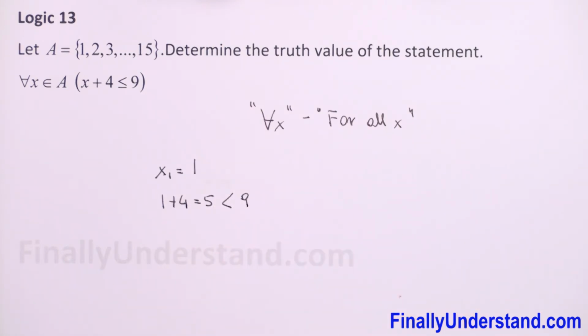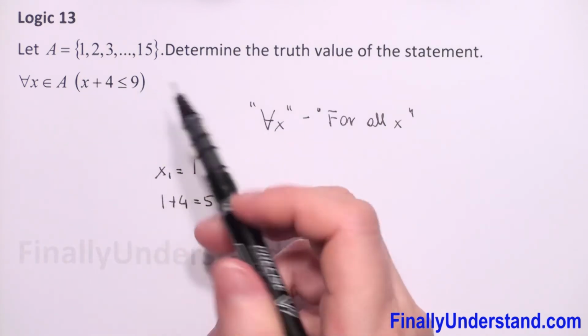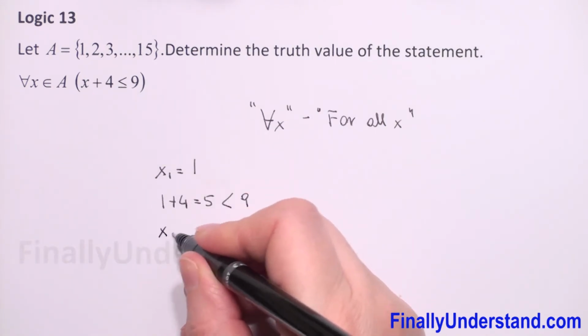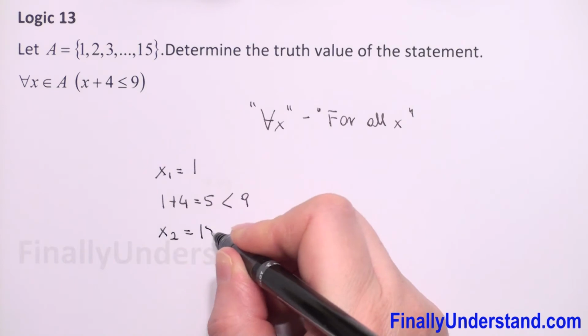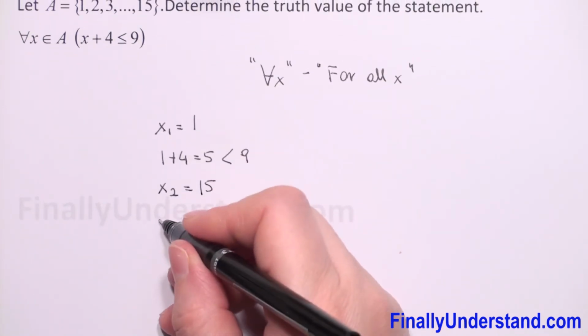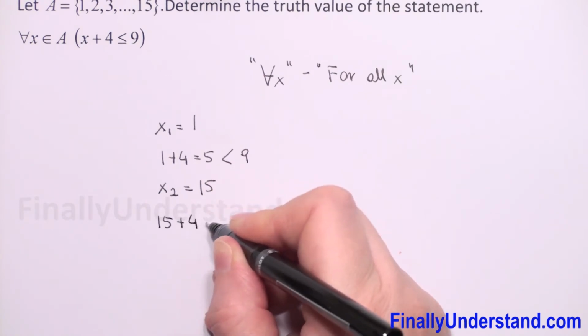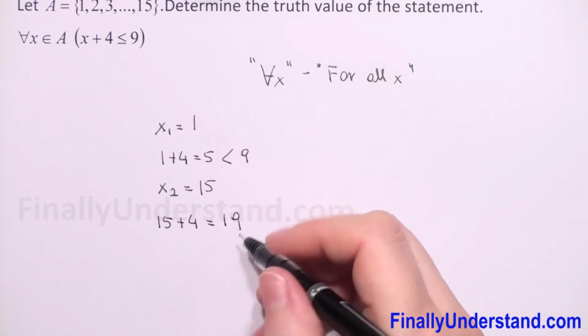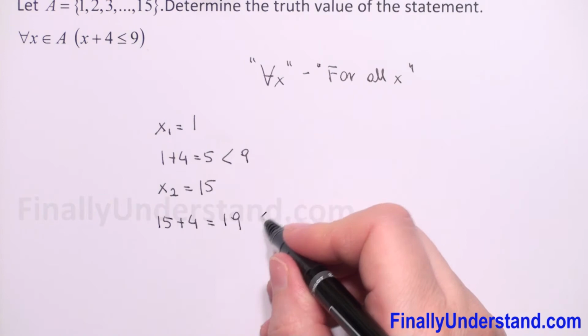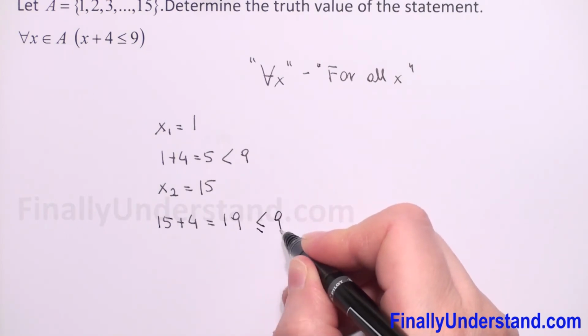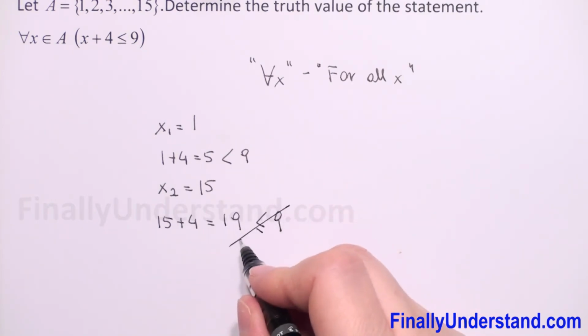And now when we choose the largest number, for example, x2 is equal 15, we will have 15 plus 4 is equal 19. If 19 is less or equal 9, no, it's not true.